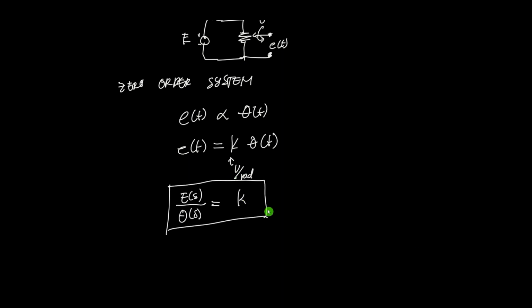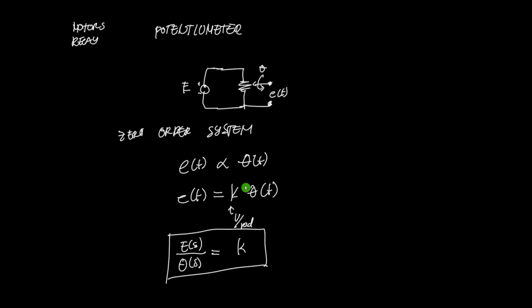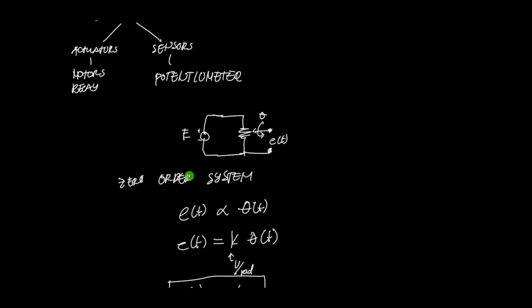You don't have any S in the transfer function because it is S raised to 0. So that's the first example, the potentiometer. It's just a zero order system.